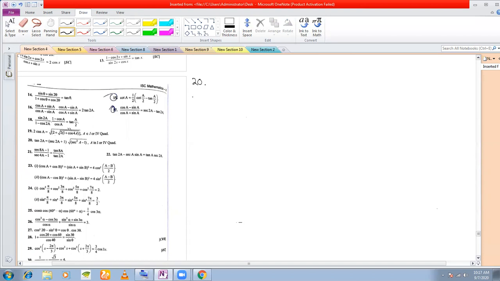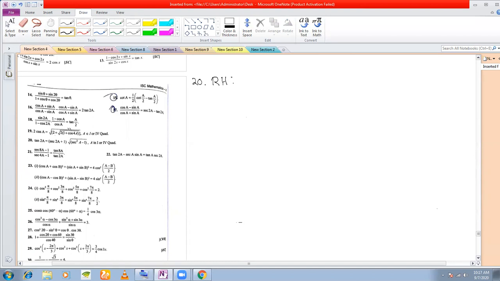Prove that tan 2a is equal to (sec 2a plus 1) root over of sec square a minus 1. On the left hand side, you have got a single function only, tan 2a. On the right hand side, you have got more than a single function. So we start from the right hand side.